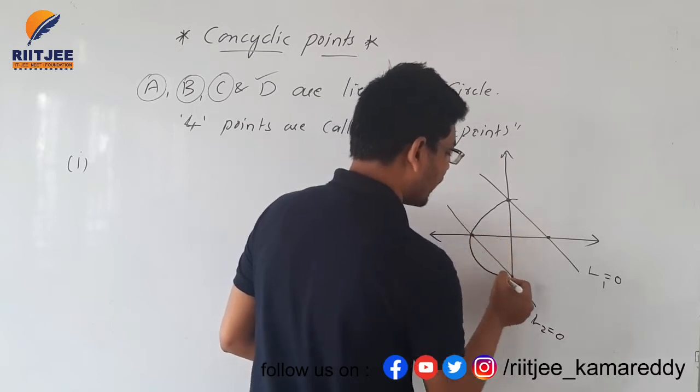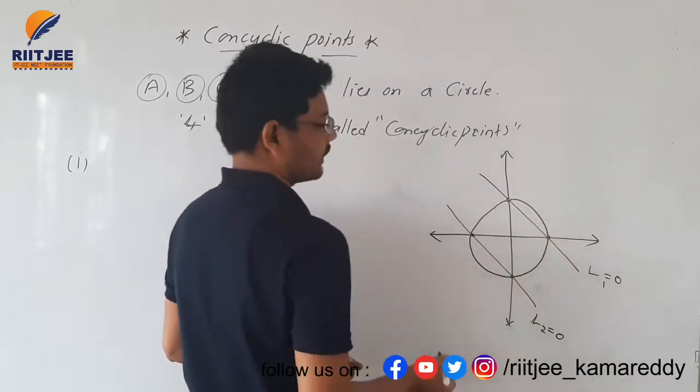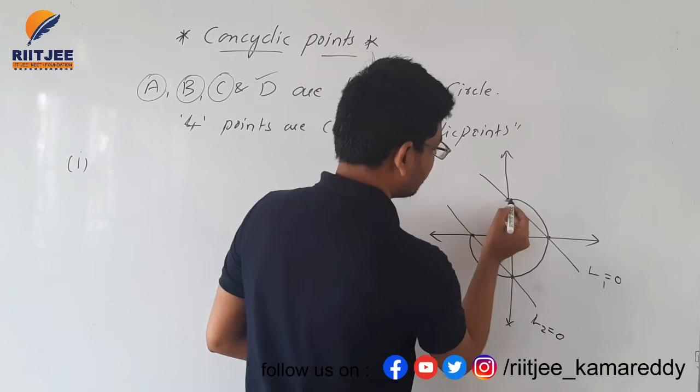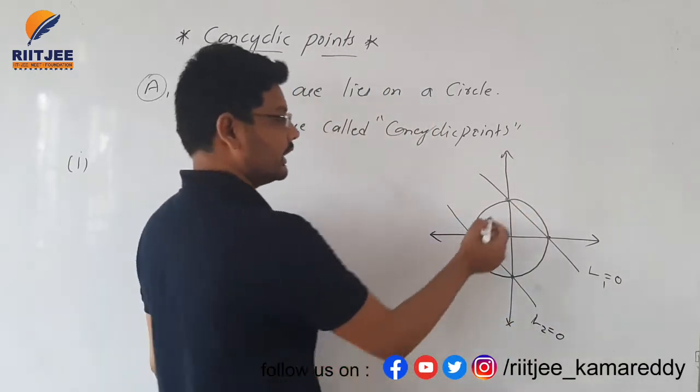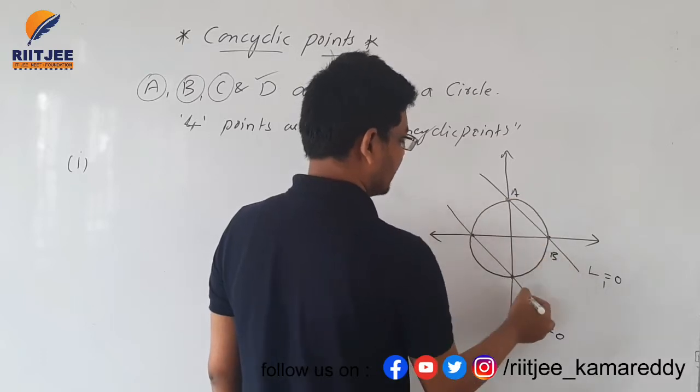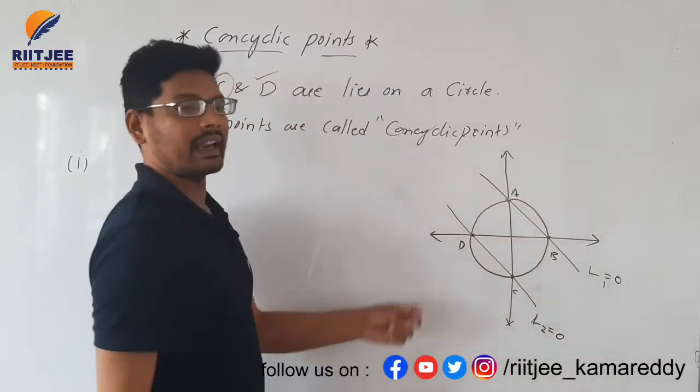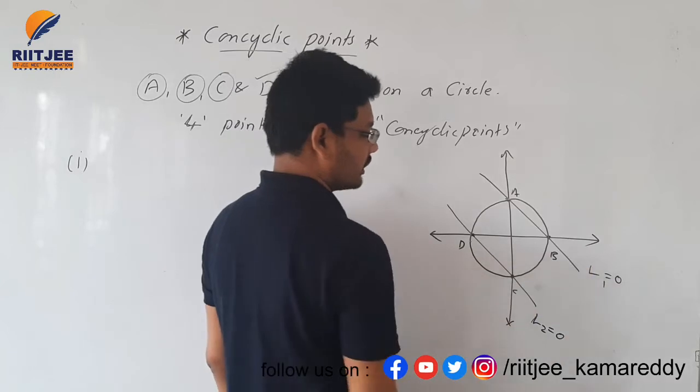If we draw a circle from these 4 distinct points, this circle contains the 4 distinct points. These 4 distinct points A, B, C, D are concyclic points here.